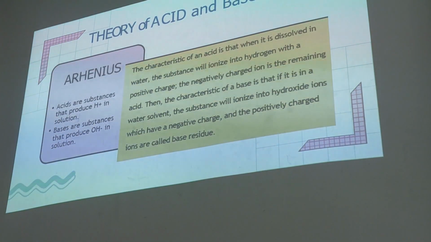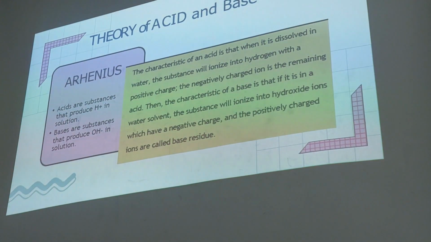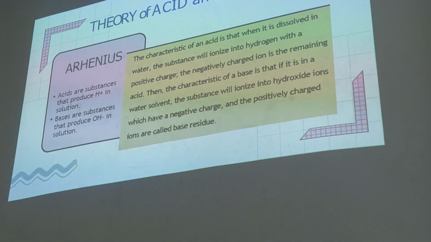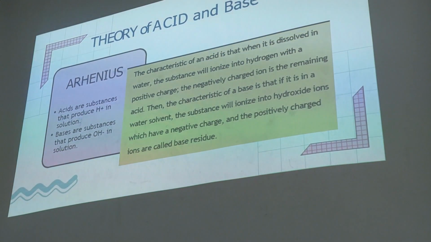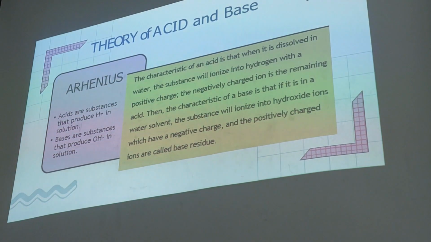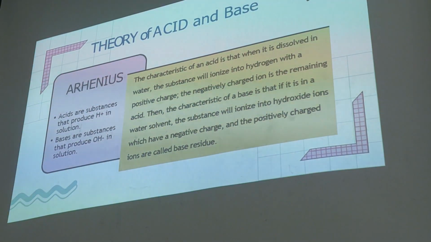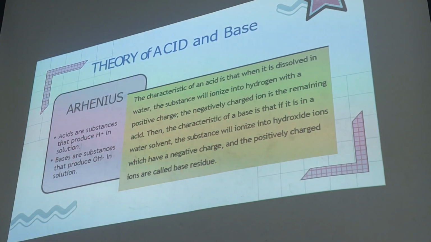Do you know the difference between an atom and a compound? A compound is a group of atoms. It can be the same atom, or it can be different atoms. So we say compound. The first theory of acid and base is Arrhenius.